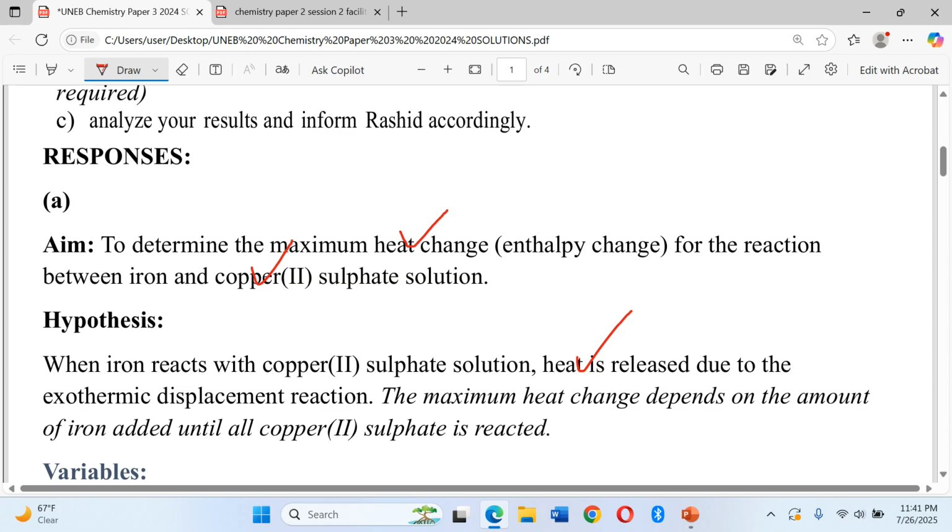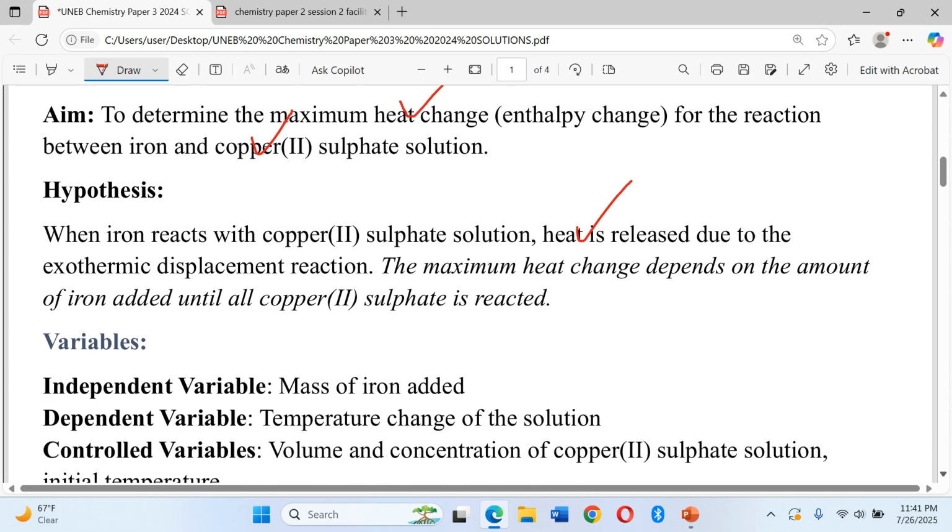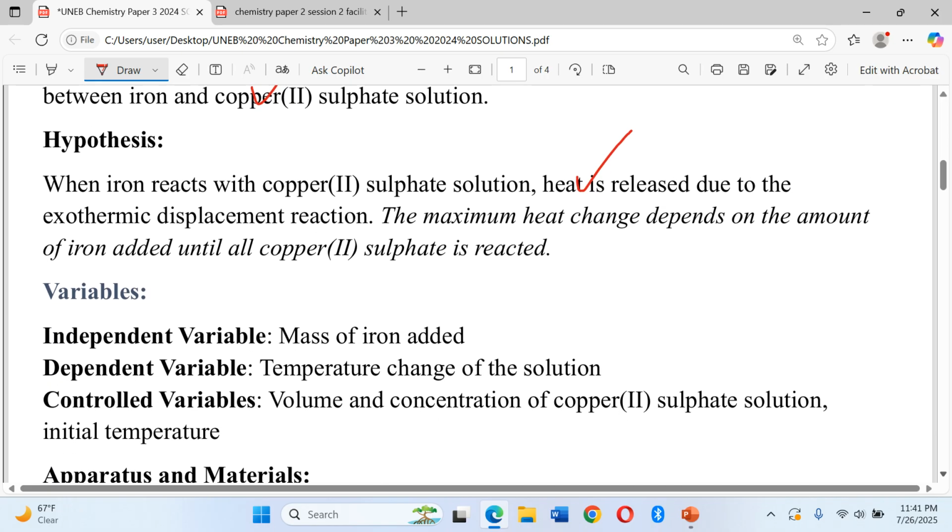There is that knowledge that we have that it will be released due to exothermic displacement reaction. So they're saying that the maximum heat change depends on the amount of iron added until all copper 2 sulfate is reacted. That is my explanation to you. It doesn't mean that you're going to start writing all the explanation. It is explanation that I'm giving to you.